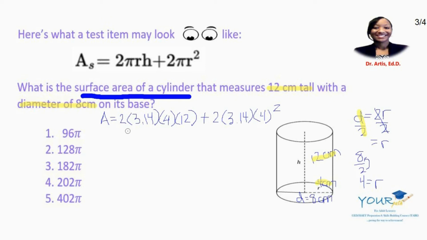When we multiply all of this, we get the value of 301.44 plus, and when we square the 4, we get 4 times 4, which is 16.